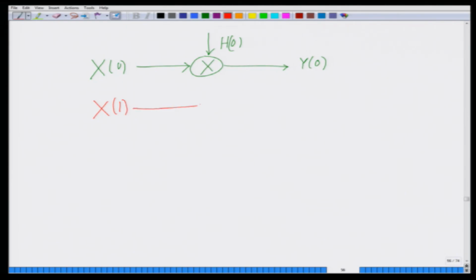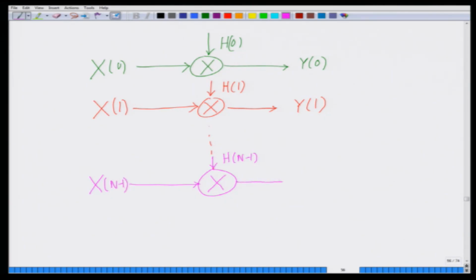I have x of 1 which is multiplied by the channel coefficient h of 1 to generate the symbol y of 1, and this continues, and finally, I have x of n minus 1 multiplied by h of n minus 1 to generate y of n minus 1.